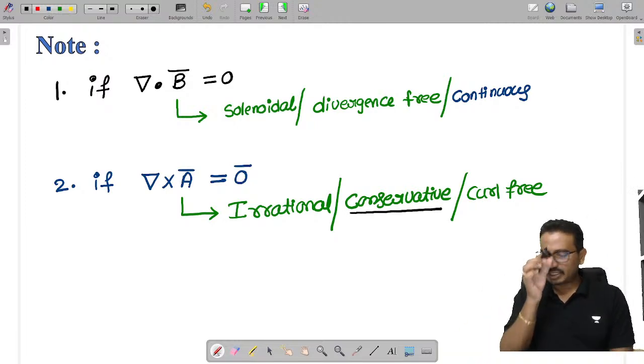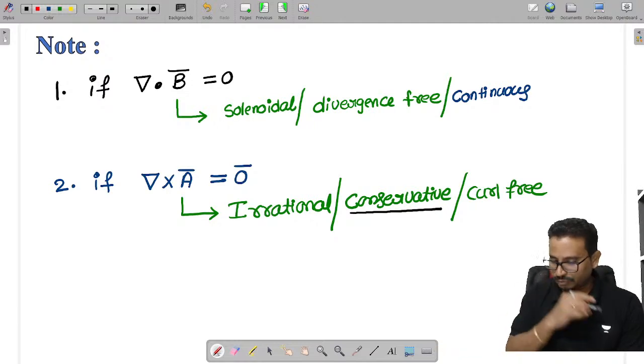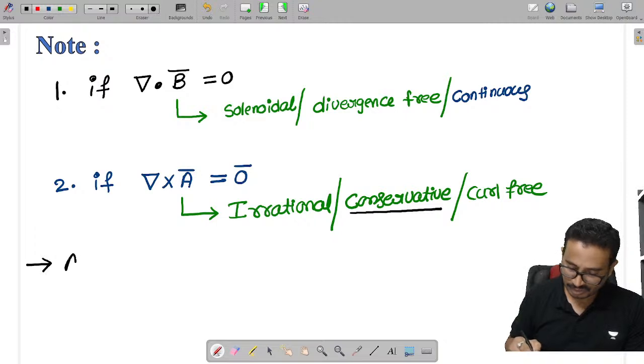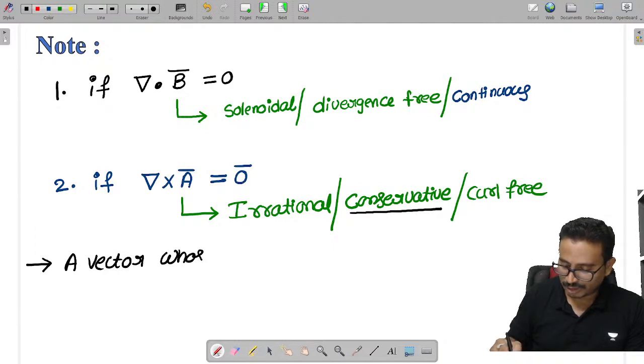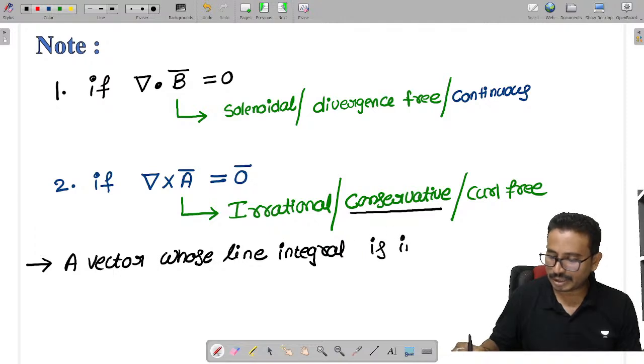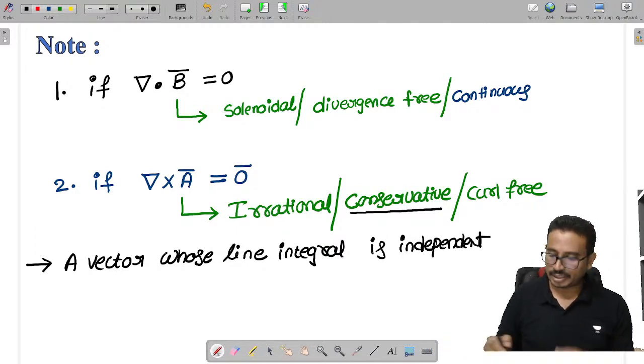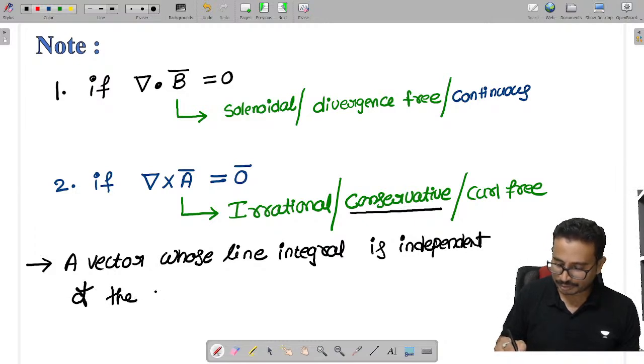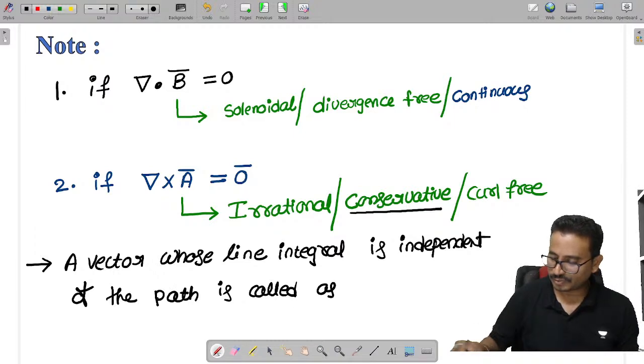What is meant by conservative vector? It means a vector whose line integral is independent of the path, independent of the path of selection or path of movement.